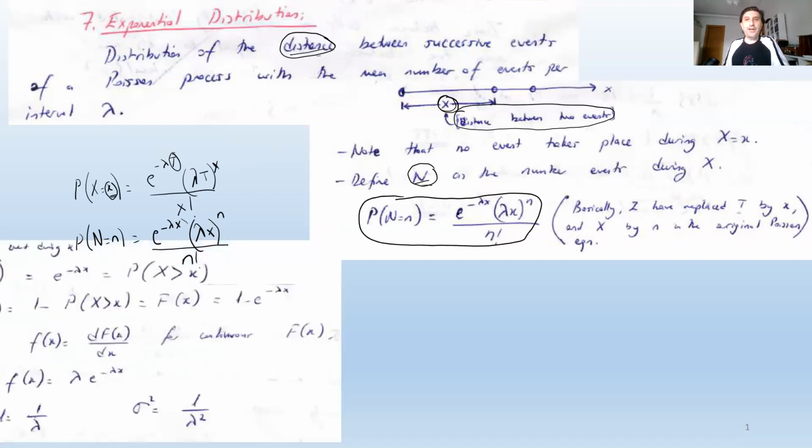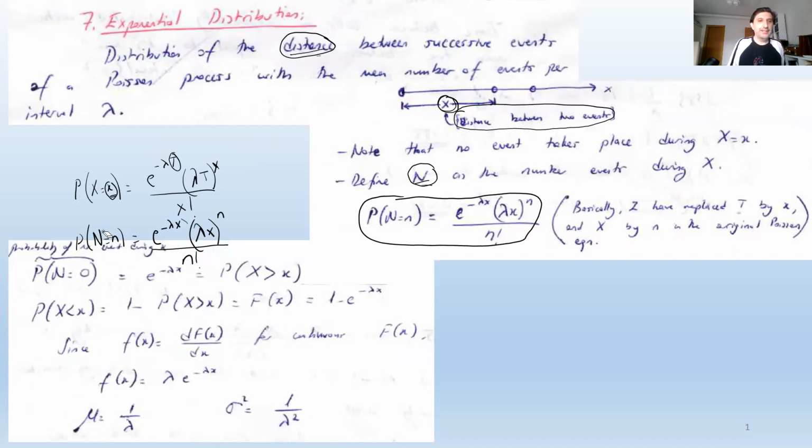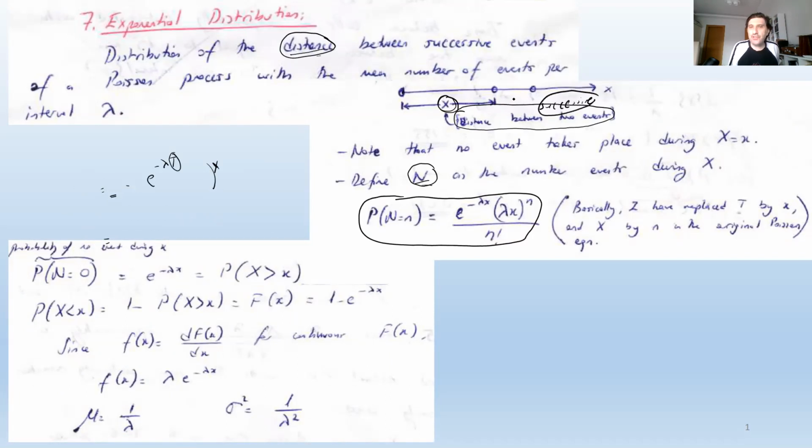Okay, so I'm going to continue with this. Let me get rid of these. I'm going to continue from the scheme that I presented here. During this x, note that since this is the distance between two successive events, there is no event happening during this x.